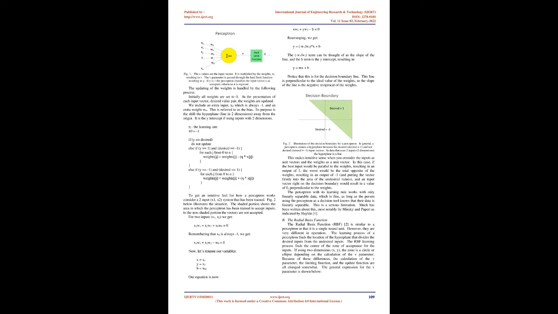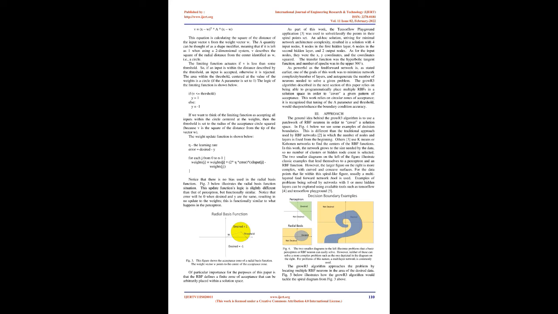If using 2 dimensions, x, y, the zone is a circle or ellipse depending on the calculation of the v parameter. Because of these differences, the calculation of the v parameter, the limiting function, and the update function are all changed somewhat. The general expression for the v parameter is shown below. Our equation is now.